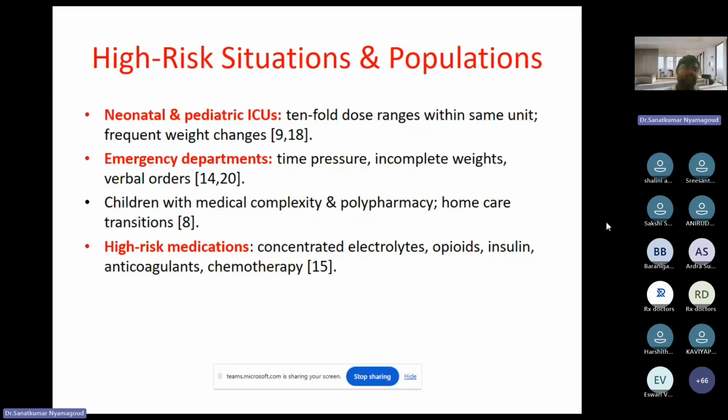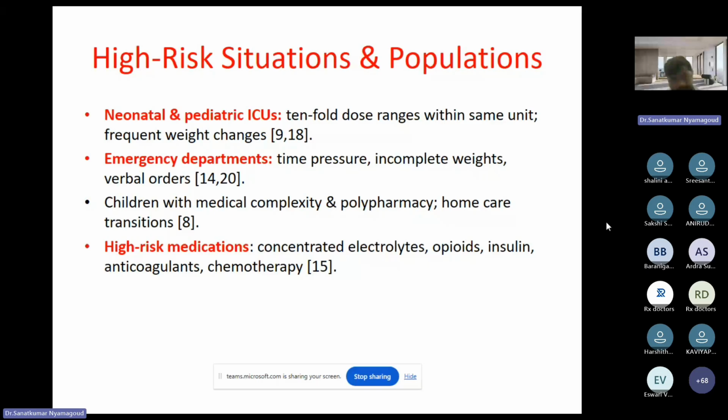And what are the conditions? What are the situations where we have high risk? What are the high risk populations, especially when it comes to the pediatric population? Especially, I can say that neonates are very high risk. You might know the definition of neonates, which I'm not going to discuss now.